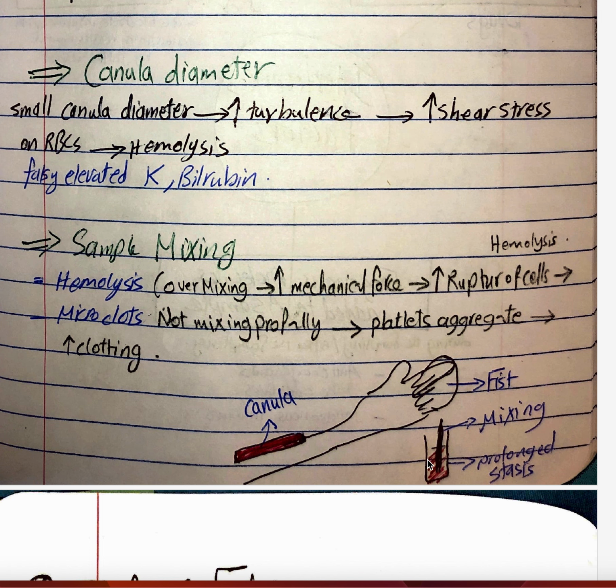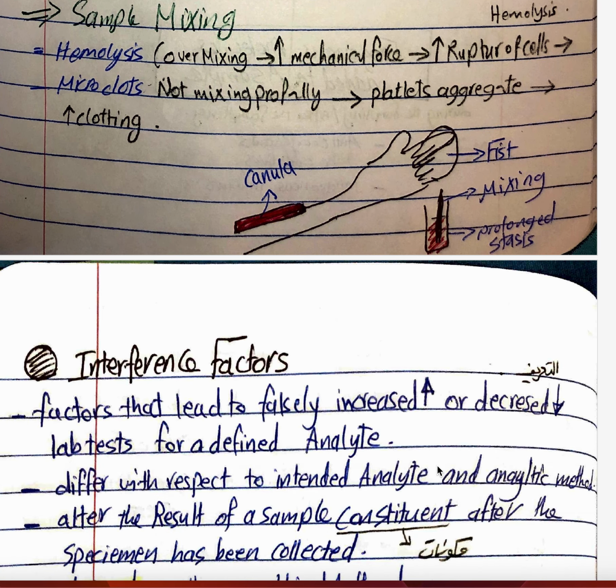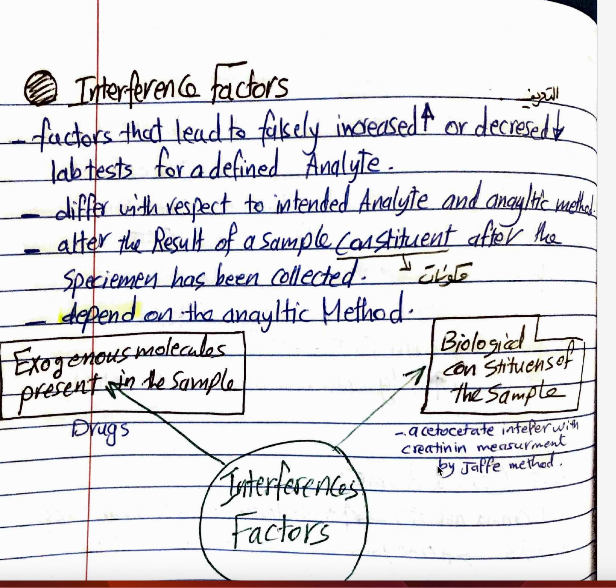And then I put here a sample and I said prolonged stasis, and we discussed it. Mixing: I said over mixing leads to hemolysis. Not mixing properly leads to clotting, because that enhances platelet aggregation. So we just finished the influencing factors.